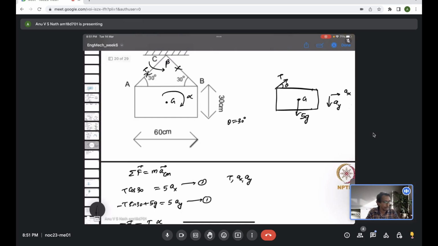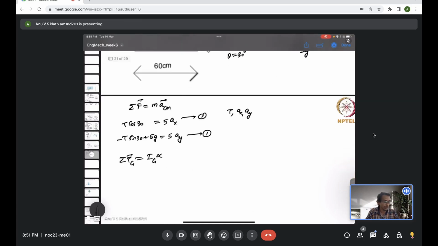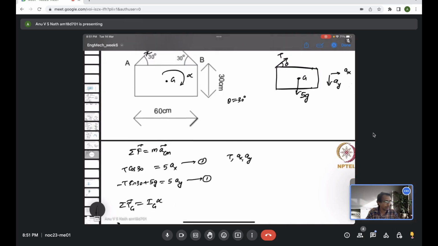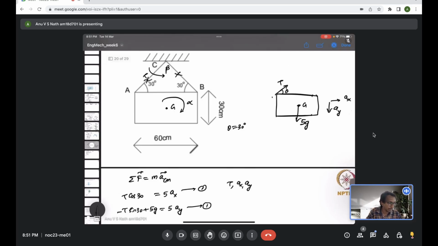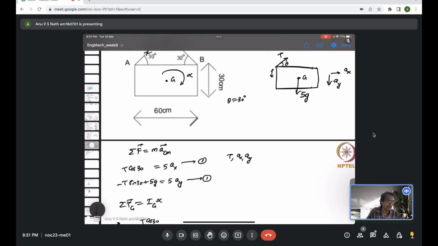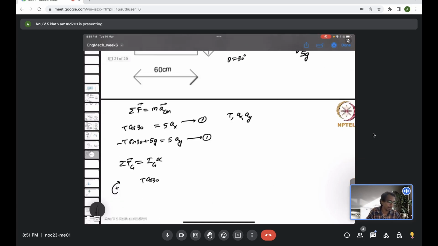Because I had chosen alpha to be clockwise, I'll choose the clockwise moment to be positive. So T cos theta is going to create a clockwise moment. So T cos 30, and the moment arm for that is this distance, which is 30 by 2, which is 15 centimeter or 0.15 meter.